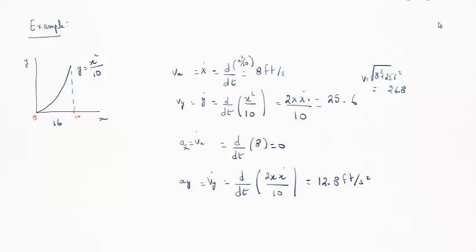First we can get vx, that's v in the x direction, and this is vy. So vx is simply dx/dt.